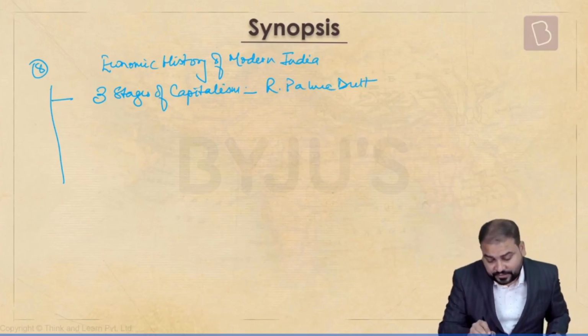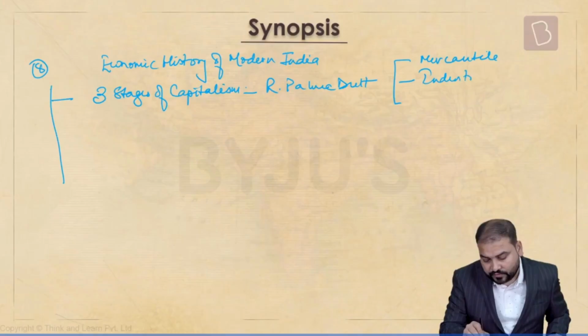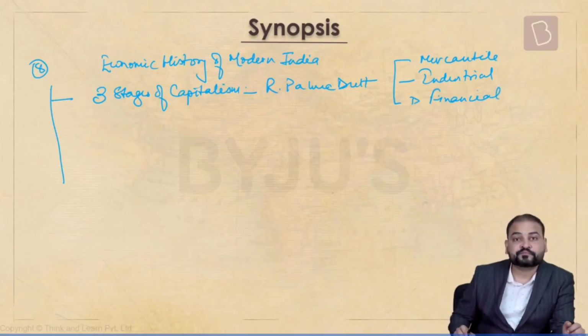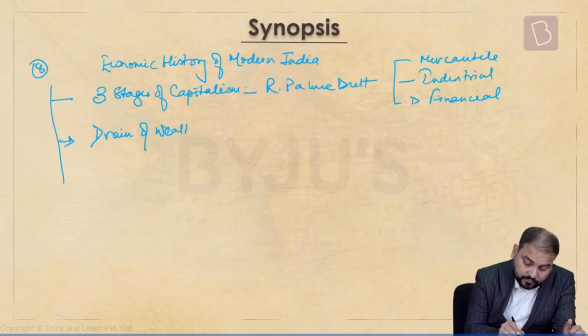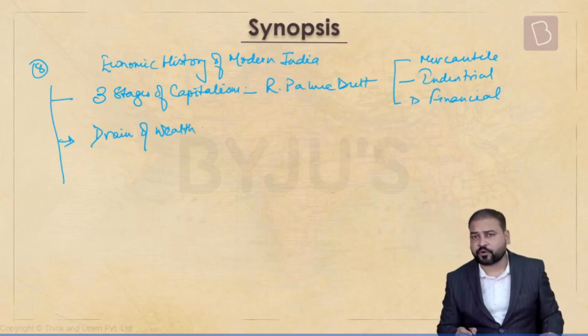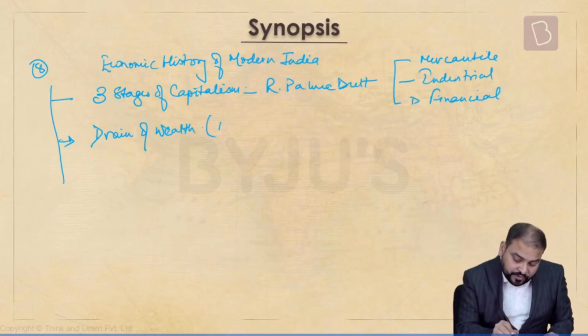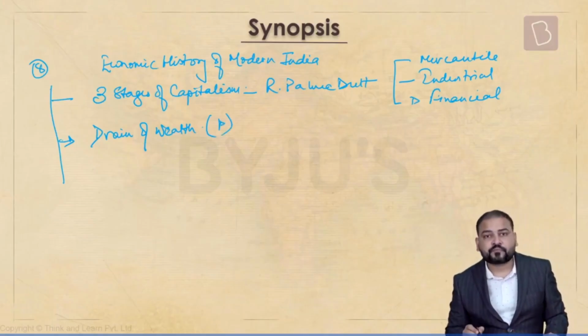He came up with this, and mercantile phase, industrial phase, and financial phase will be studied by us. Then we'll see how did these Britishers make us poor? Drain of wealth, very, very important. Prelims questions have come from this.